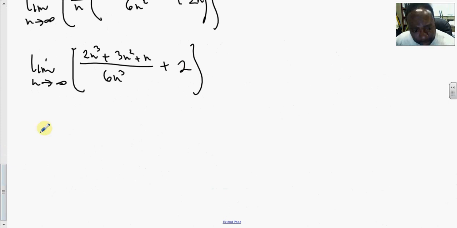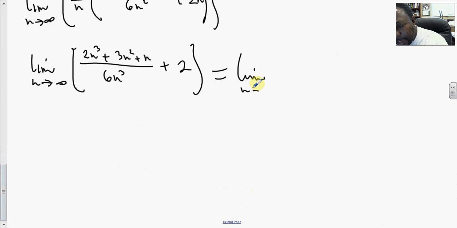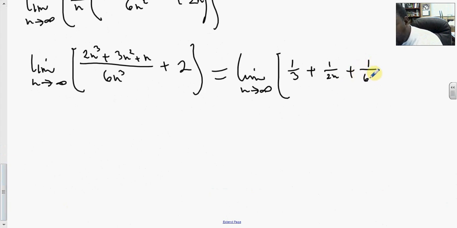Let's see. This is the limit as n goes to infinity. This is 1/3. Simplify that. Plus 1/2n, and then plus 1 over 6n squared, plus a 2.